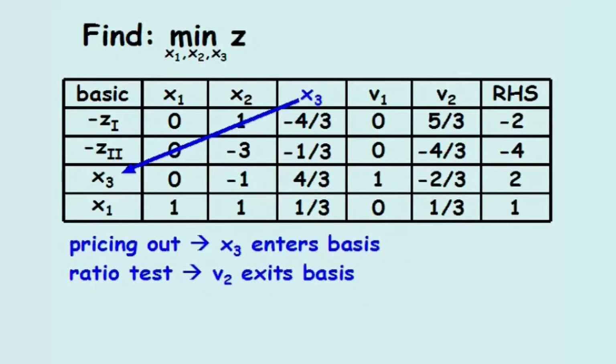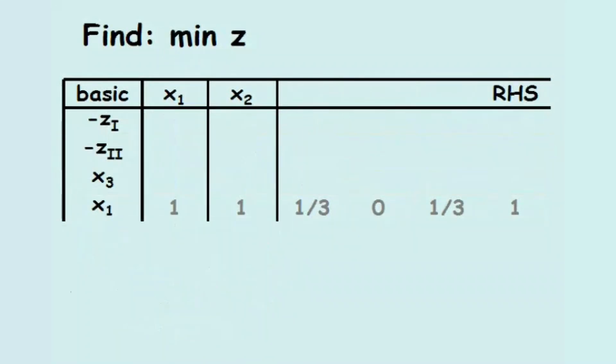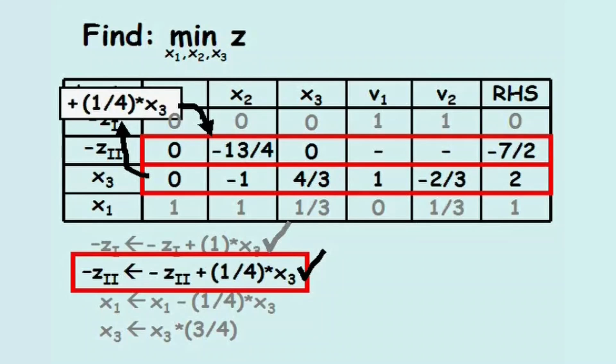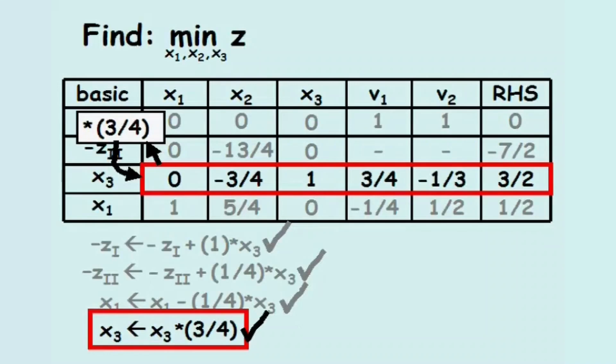Next, we'll perform a pivot operation to convert the tableau into canonical form. This time, pivoting involves adding 1 times row x3 to row z1, adding 1/4 of row x3 to z2, subtracting 1/4 of row x3 from row x1, and multiplying row x3 by 3/4.